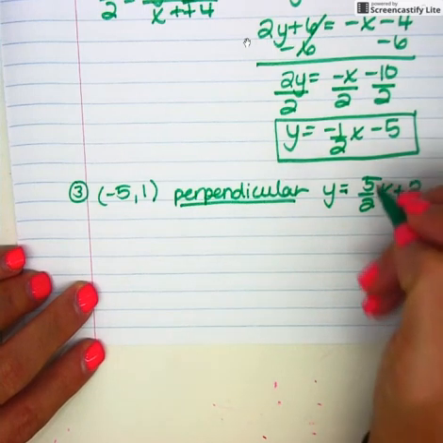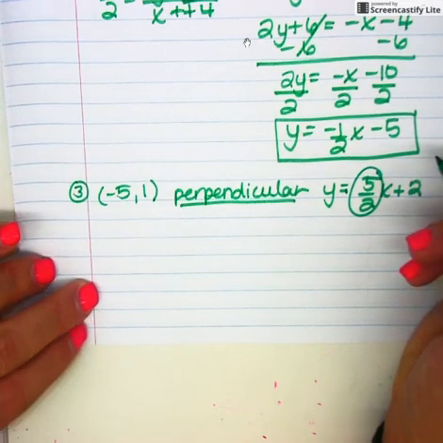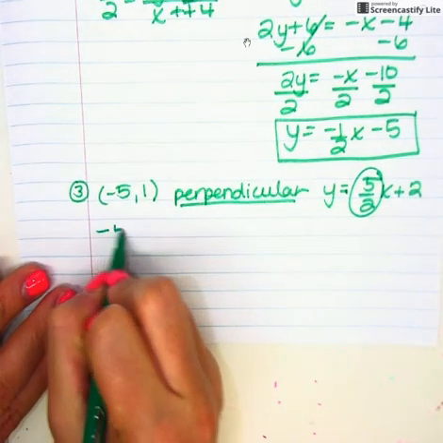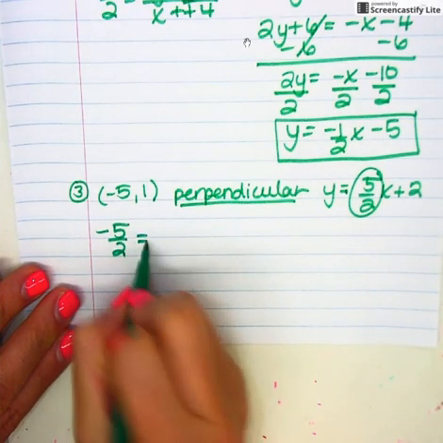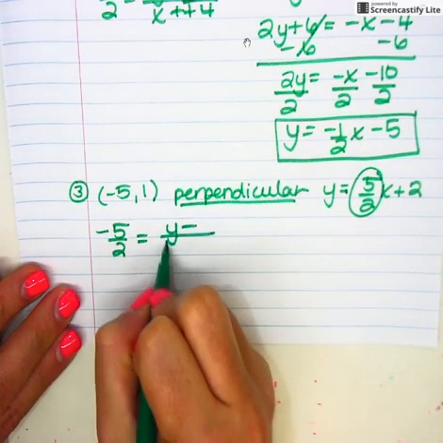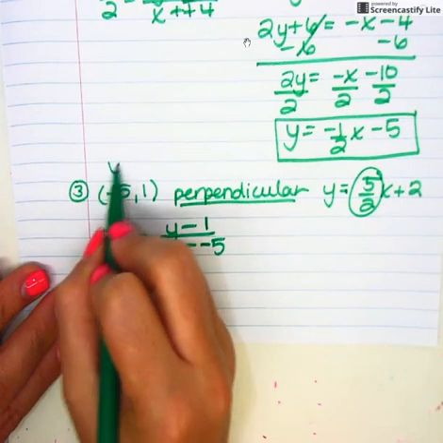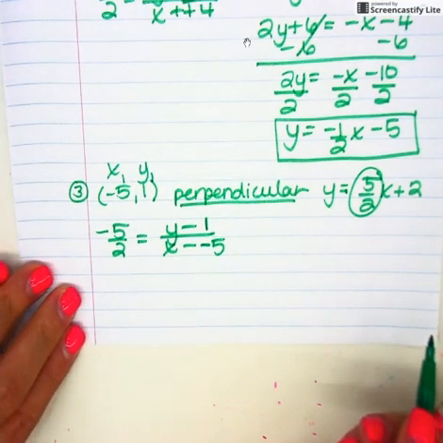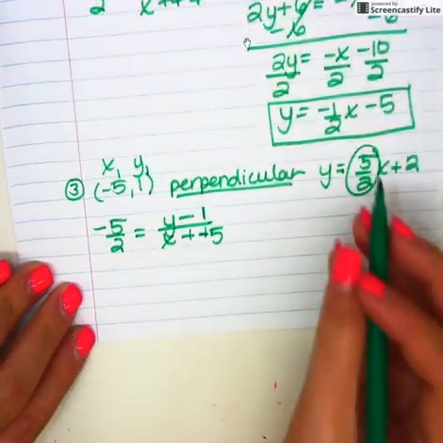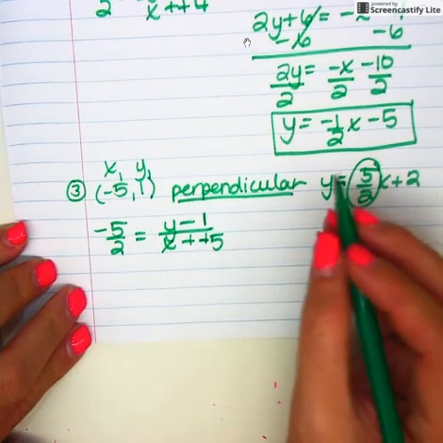Okay, so if our current slope is 5/2, then our perpendicular slope is going to be -5 over 2. Everything else is the same process. X1 and Y1, they just go where they belong in the formula. Plot, plot, fizz, fizz here. And I'll do this one in slope-intercept form as well.